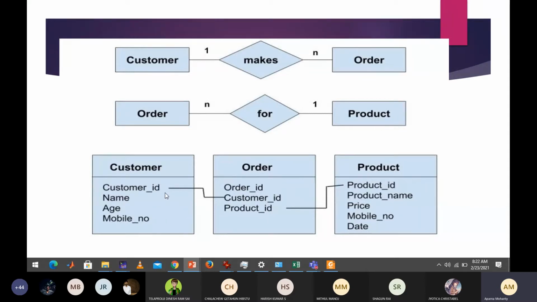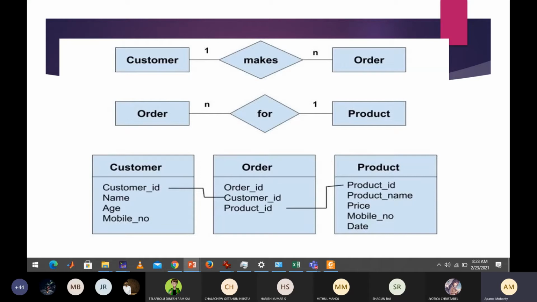The customer ID of the customer and the order are the same, so I can merge these two tables. Similarly, the product ID of the order and the product ID of the product can be merged. This way you obtain a many to many relationship, which is nothing but a combination of many one to many relationships.